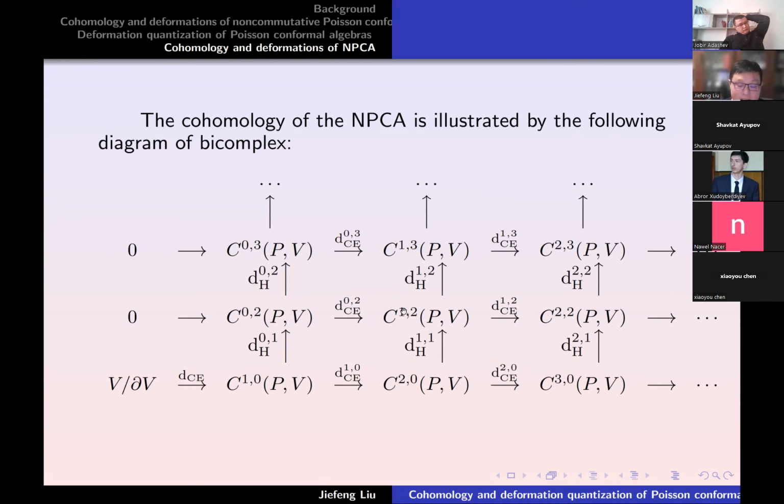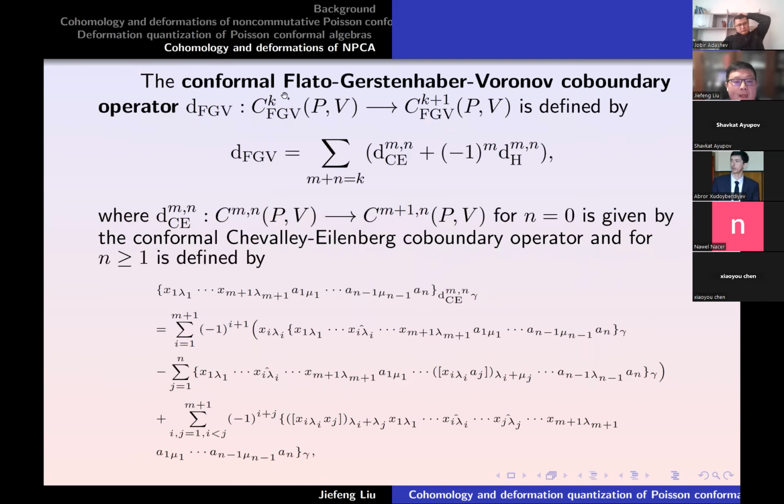See the following for more details. The conformal Gerstenhaber-Vernoff coboundary operator D_FGV from this space to this space is defined by the following formula. It's just the consequence of the bicomplex theory.